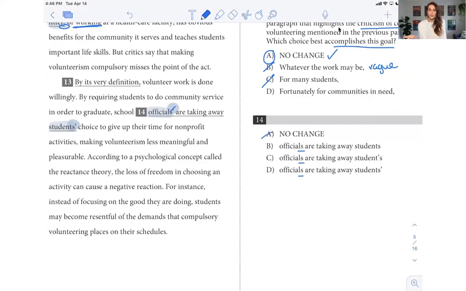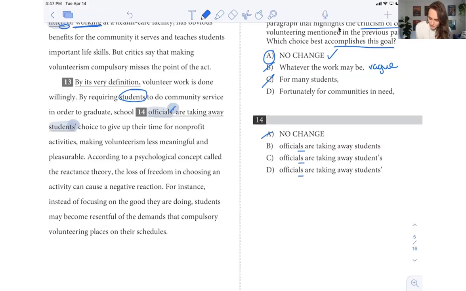Are taking away students' choice. So how many students do we have? We probably have a bunch, right? This is not just one student. We can also look for a clue earlier in the sentence. Right here we have students, plural. So you can always keep in mind that you're making what is underlined match what is not underlined. So we're not suddenly going to shift from plural students to one student. So I know I want plural students.